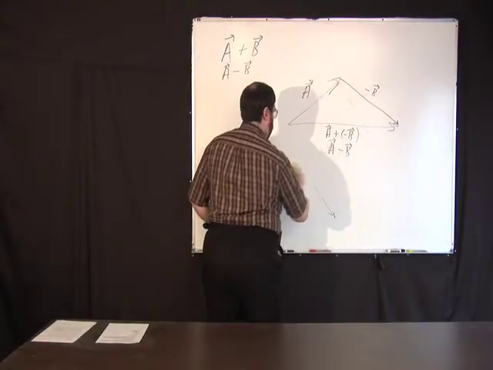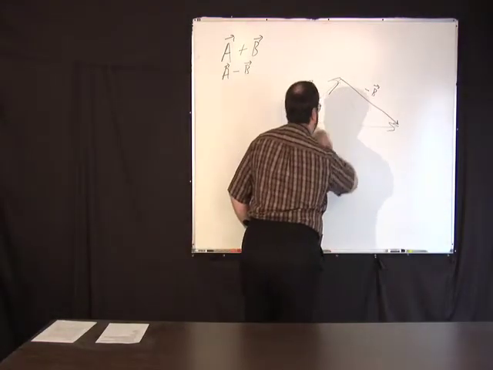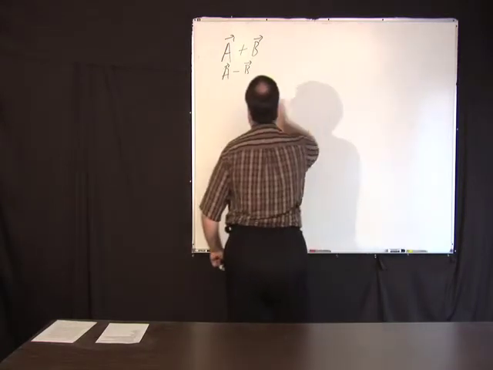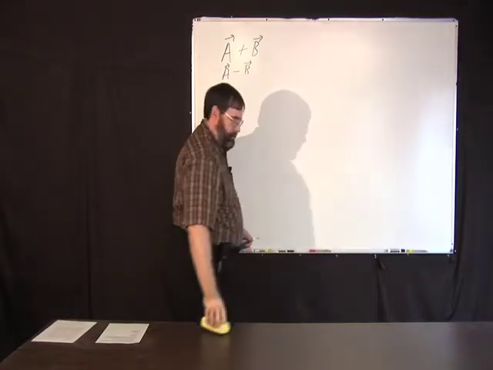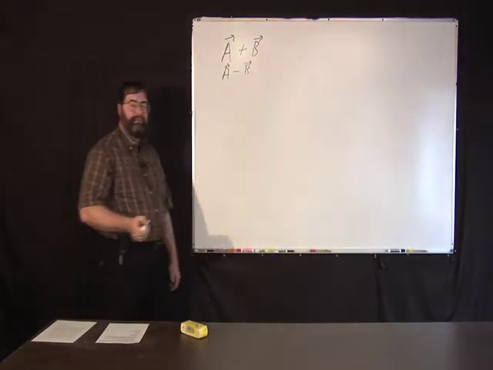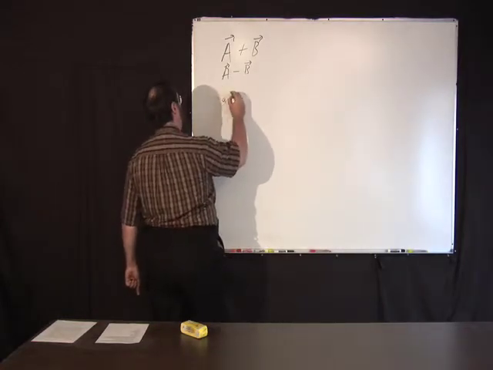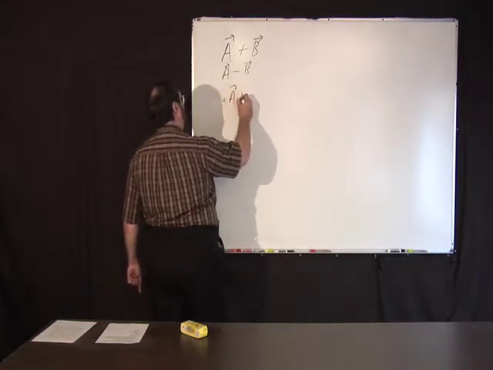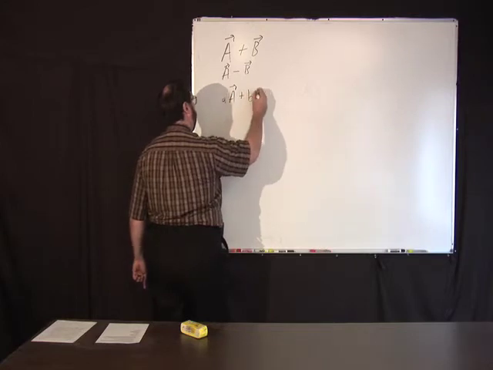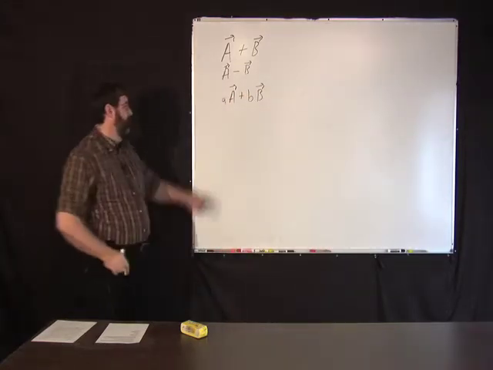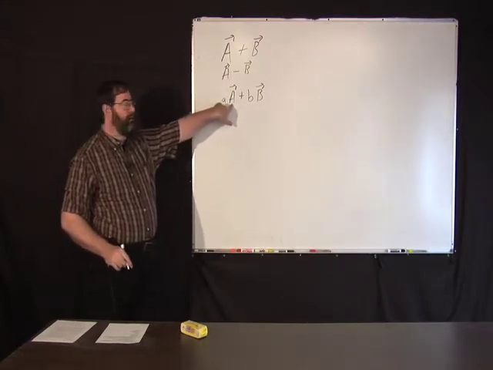What else can you do with vectors? Well, you can take linear combinations of vectors. A vector of the form a times A plus b times B, okay, where a and b are scalars, these are numbers, these are vectors.